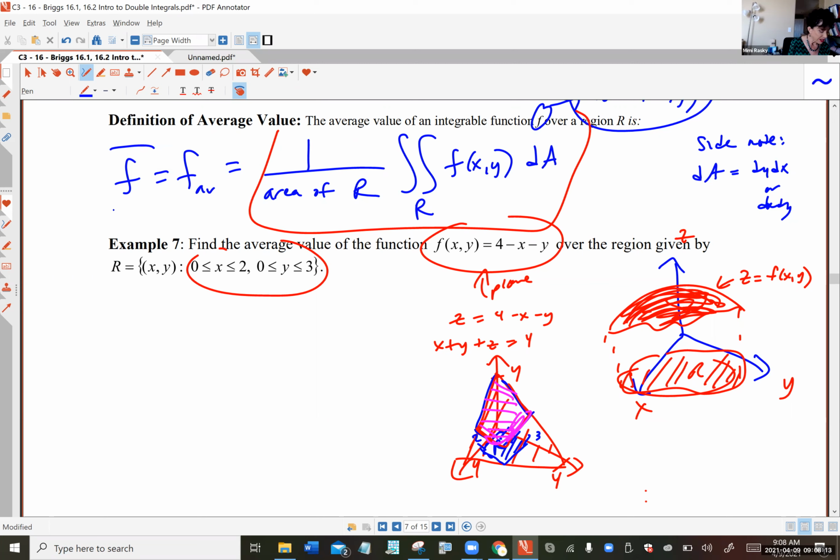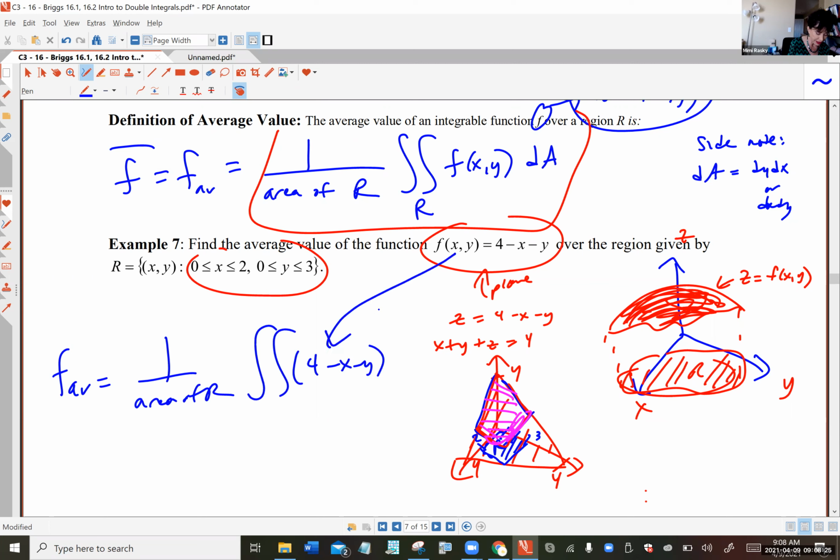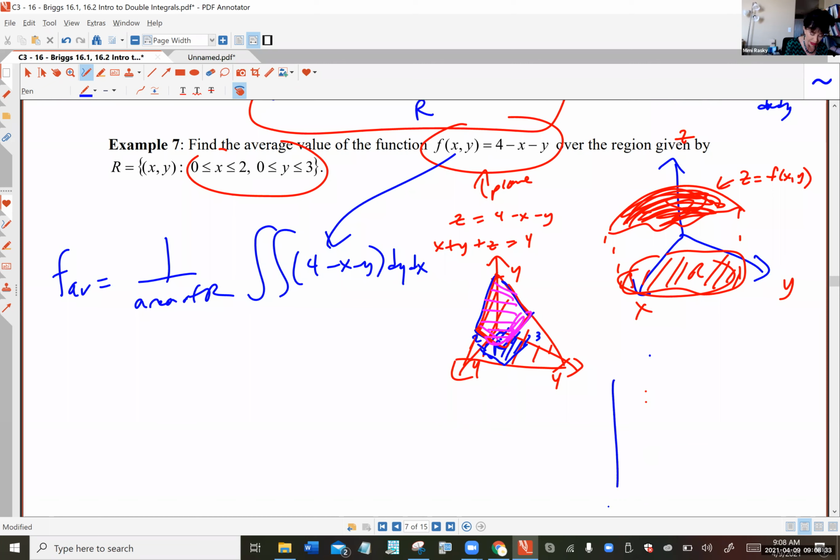So our average value is going to be 1 over the area of that region times the double integral of the function 4 minus x minus y. So you put that there. And then I'm going to choose my order of integration dy dx, but it doesn't really matter, because in the xy plane, x is going from 0 to 2 and y is going from 0 to 3.